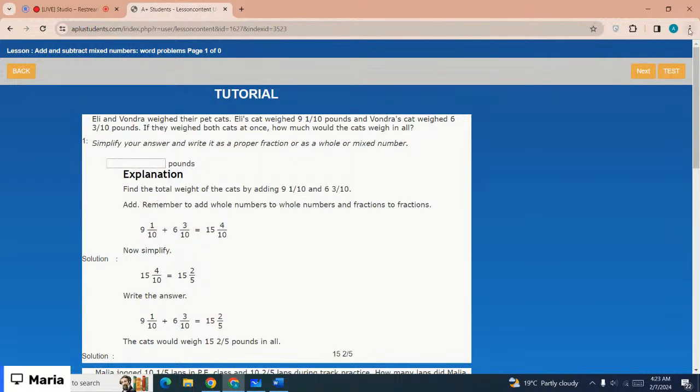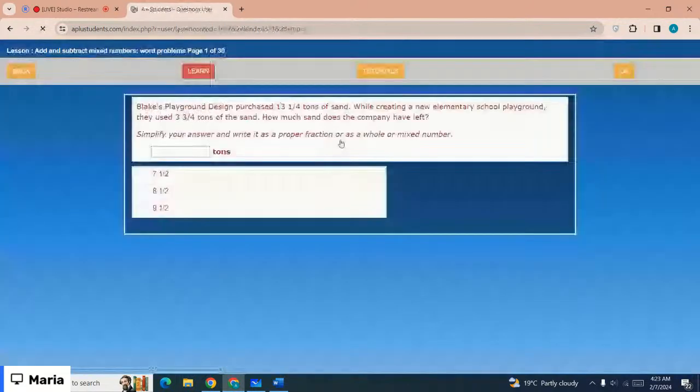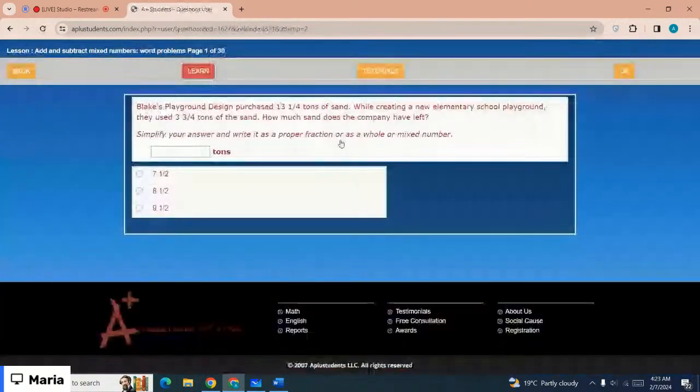Let's just start with the test questions. Blake's playground design purchased 13 whole 1 by 4 tons of sand while creating a new elementary school playground. They used 3 whole 3 by 4 tons of sand.